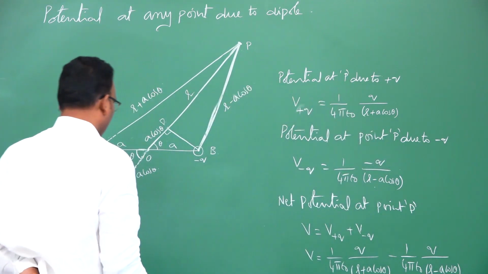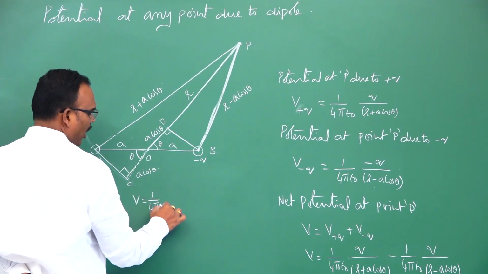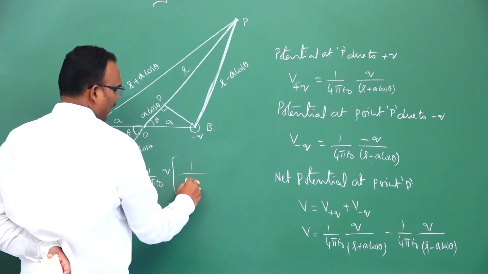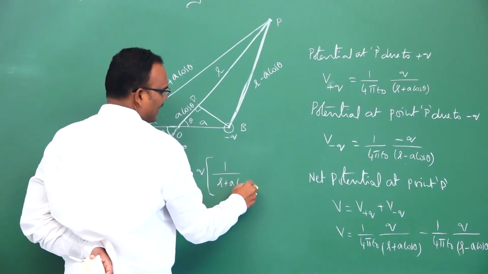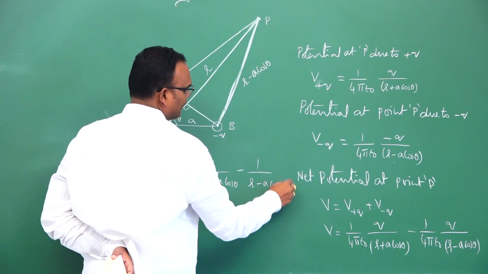Okay, if we take common, potential V is equal to 1 by 4 pi epsilon naught Q, I can take common. Then we'll have 1 by R plus A cos theta minus 1 by R minus A cos theta.